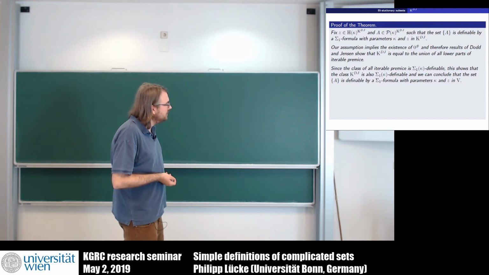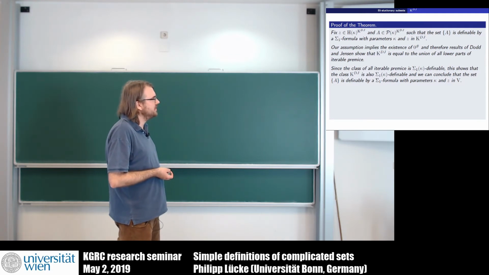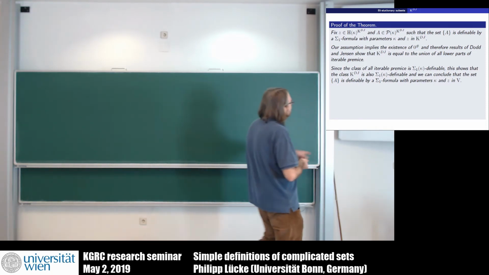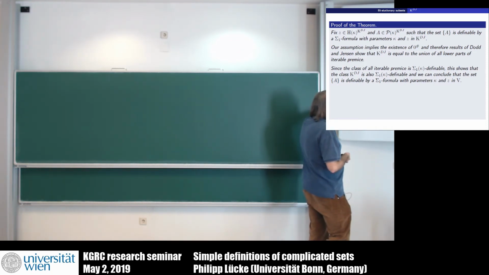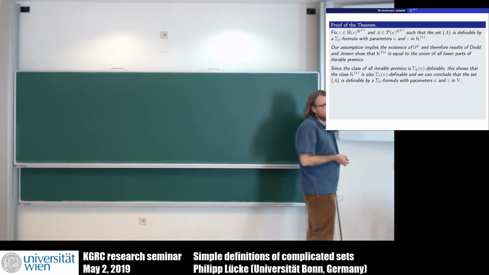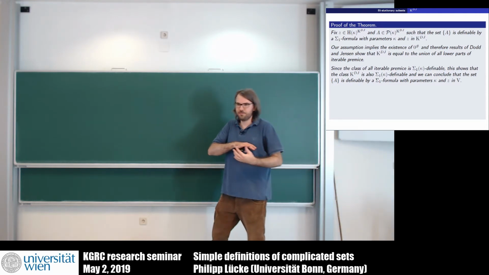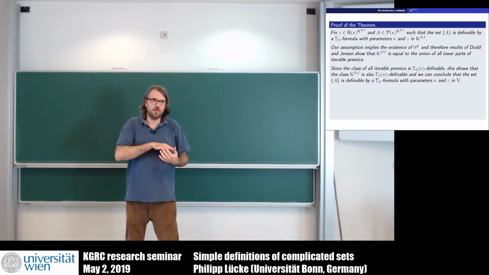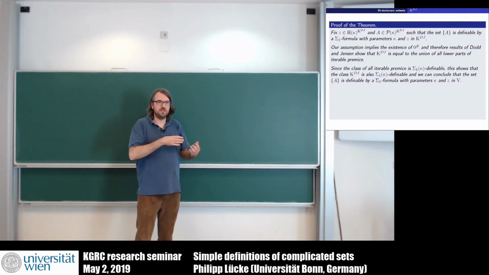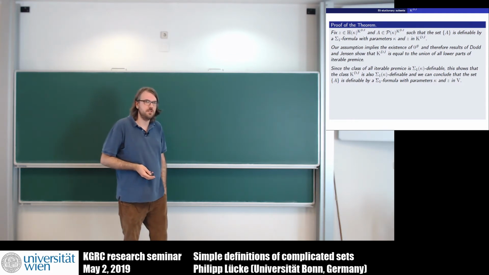But this says that the core model itself is a sigma 1 kappa definable class. So this singleton will also be a sigma 1 singleton in V, because you can just take the definition from the core model and relativize it in V, and this will be a sigma 1 definition in V.